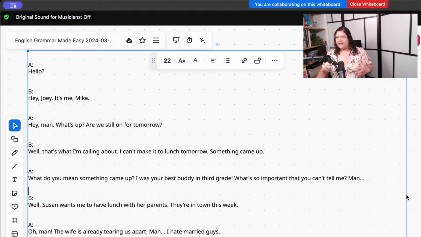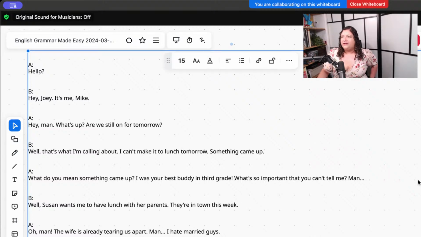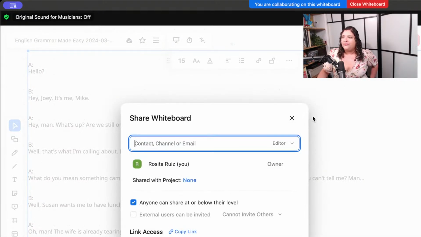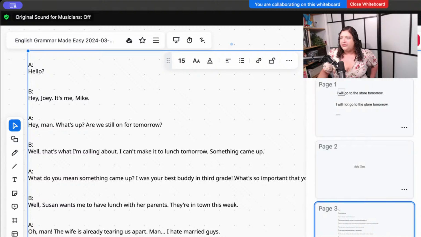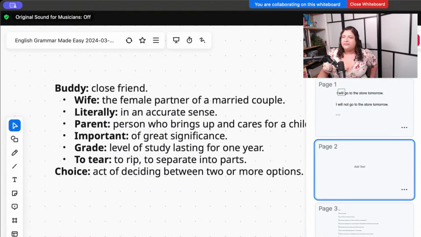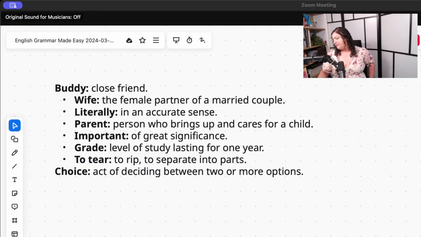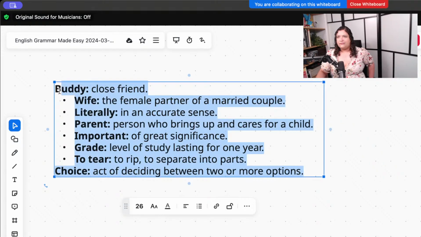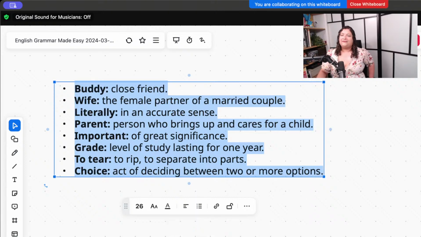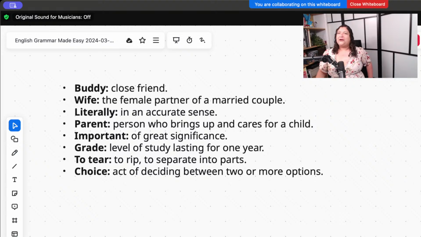I'm going to go ahead to page 2 here. So here's our vocabulary. Go ahead and write it down if you haven't had the chance to. There we go. Tenth time is the charm.